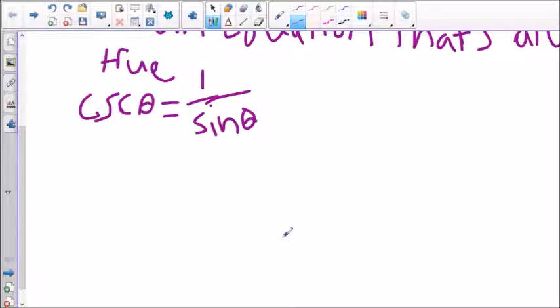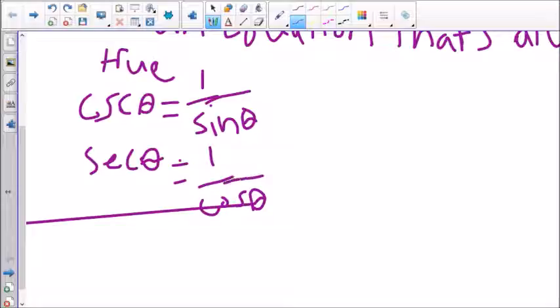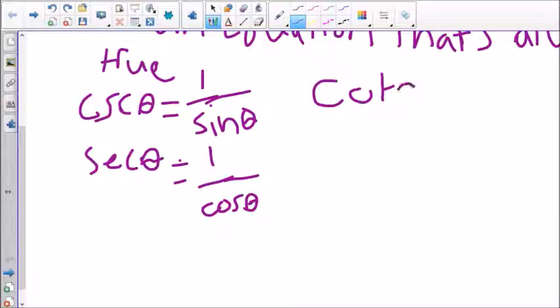Cosecant theta equals 1 over sine theta is a reciprocal, and the two other reciprocal identities are secant theta equals 1 over cosine theta, and cotangent theta equals 1 over tangent theta.